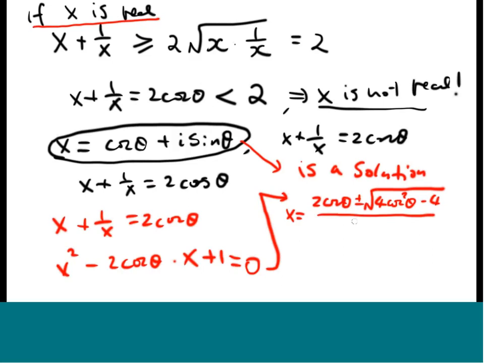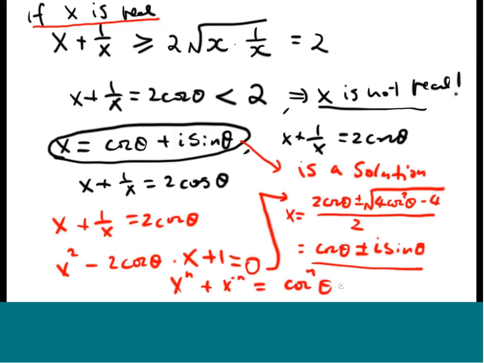So you see that it's cosine theta plus or minus i sine theta. That's exactly the two solutions. If you know the solution, and now you're asked to calculate x to the n plus x to the minus n, you immediately get cosine n theta plus cosine n theta. So the imaginary part is cancelled. So whatever it is, that's the solution.